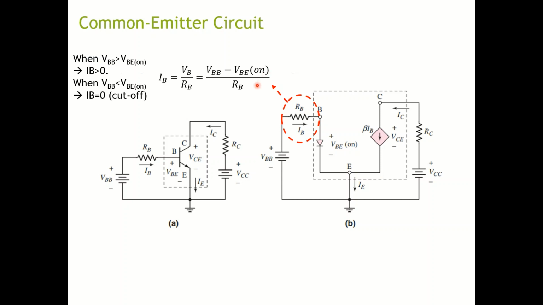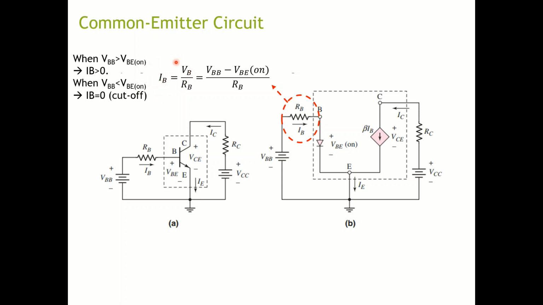Now we have the equation for the base current, and how do we get it? Just basic electronics again. We have current flowing through the base. There's a resistance of the base, which is RB. The current flowing through the base I will call IB. By Ohm's law, we have the voltage across the base, VB, over RB, which gives you the value of the base current.